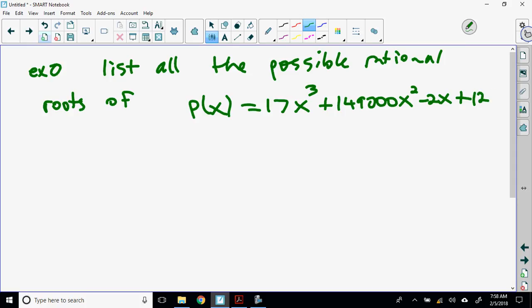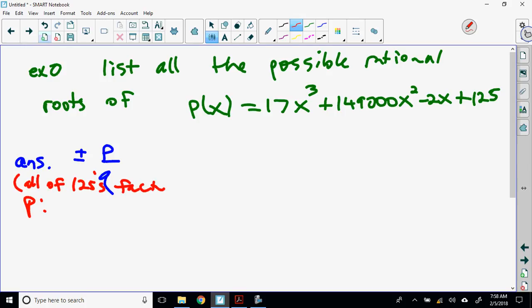Thank you. Cool. So to find our answer, remember our answer is going to be of the form plus or minus p over q, and p represents all the factors of 125. So let's think about what its factors are. Obviously, any number is divisible by 1 and itself, so 1 and 125 are some factors, right? Does 2 go into 125?